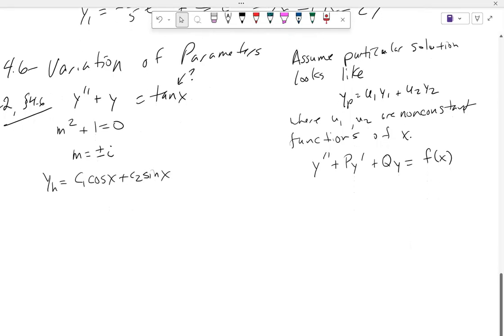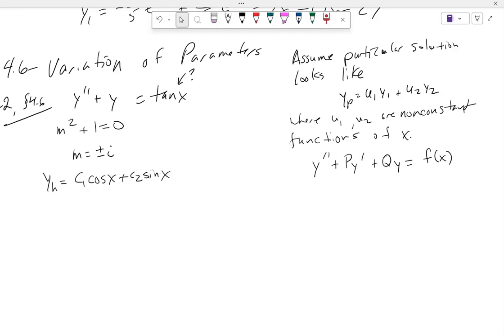Okay. Again, by the way, notice that we've divided out any coefficient on the y double prime piece, just to put it in that normal form, making the coefficient on the highest order term 1.